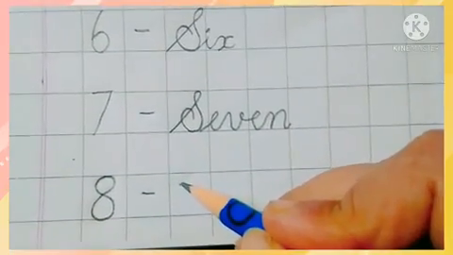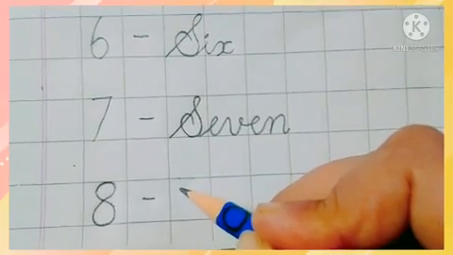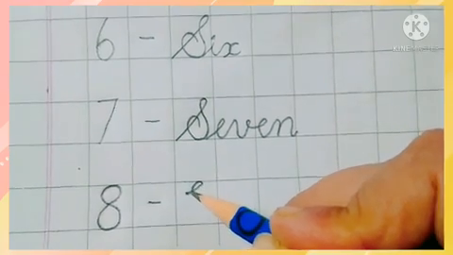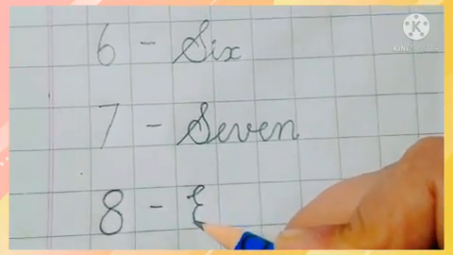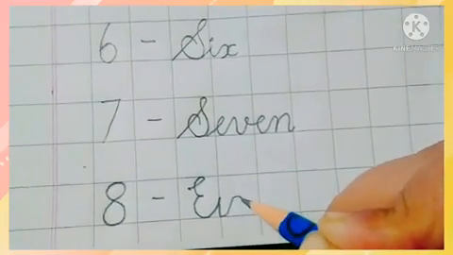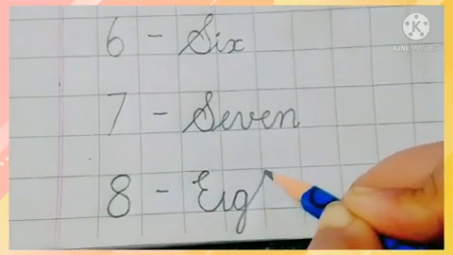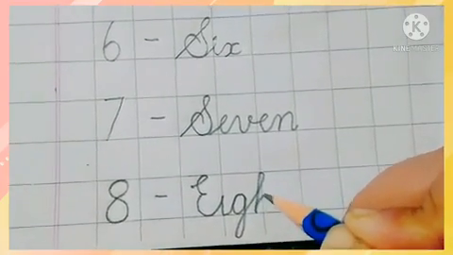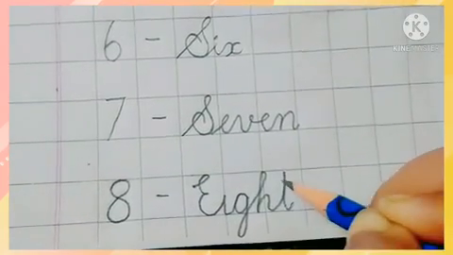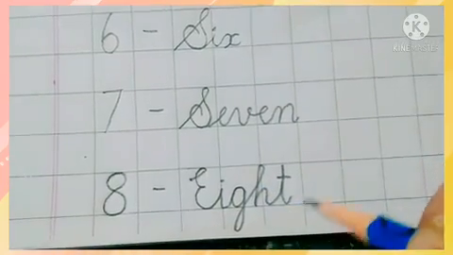Now for capital cursive E you have to put your pencil here or below this blue line, and then you will go up, make small e, then curve this e and set it on the bottom line, then make I, then from there only write G, then H, T. Okay, this will be 8.